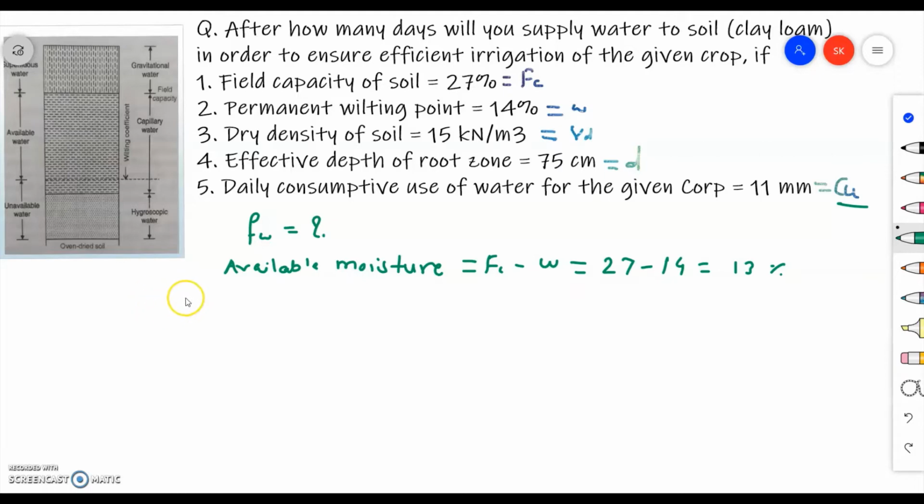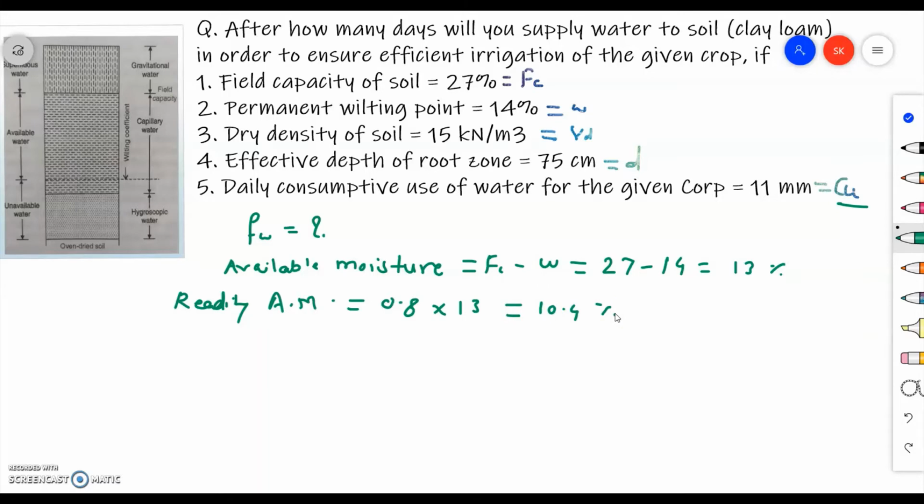If it is not given, we need to assume readily available moisture. So readily available moisture is equal to 80% of available moisture, which is 13%. So here we get 10.4%. This is the readily available moisture.